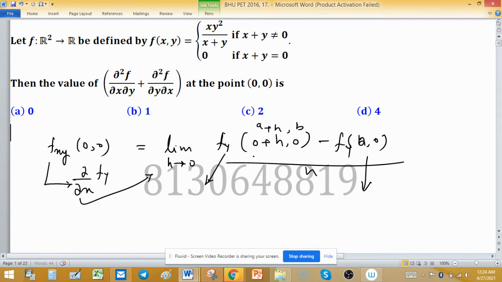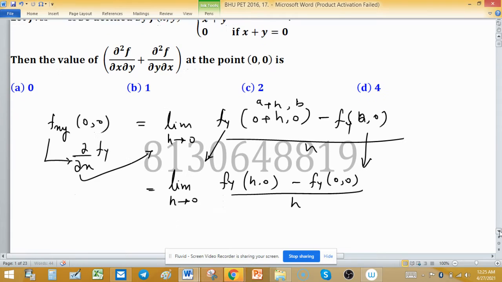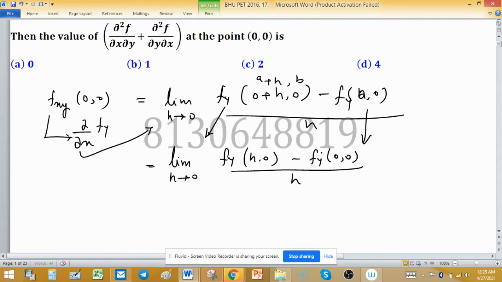We have two expressions to find this partial derivative with respect to x of f_y. So first calculate this one. This is the limit as h tends to 0 of f_y(h, 0) minus f_y(0, 0), divided by h. This is the simplified form of the above one.